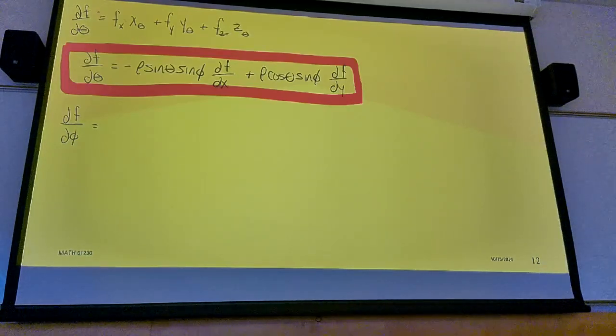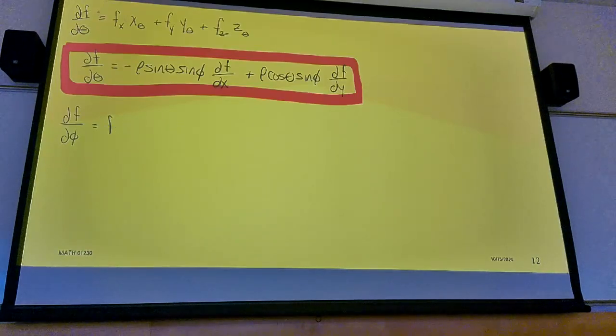Same way I found the other ones. Well, it can't be the same way, because those are two different ways. You take the partial of x, y, and z with respect to phi. So give me the formula.